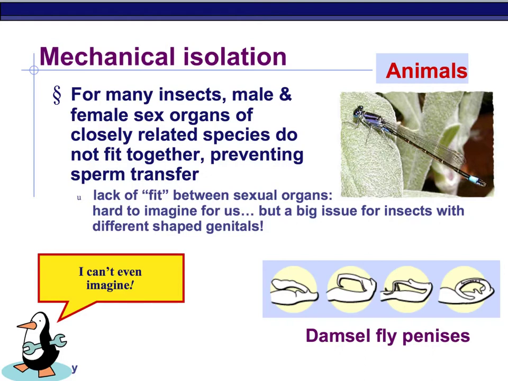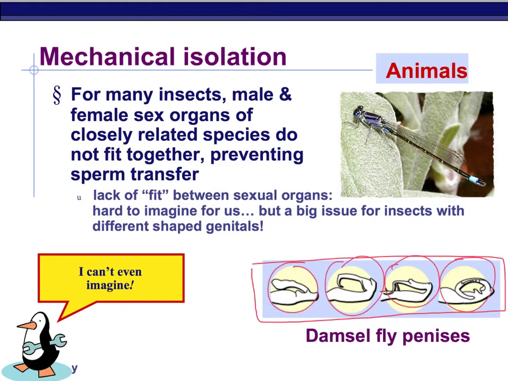A damselfly, you can think of him as a smaller version of a dragonfly, but that's what his male reproductive parts look like. Very, very intricate. They're designed only to fit into certain female damselflies. Everyone can't necessarily mate with him because of these very specific morphological shapes. This, I promise you, will always remember.